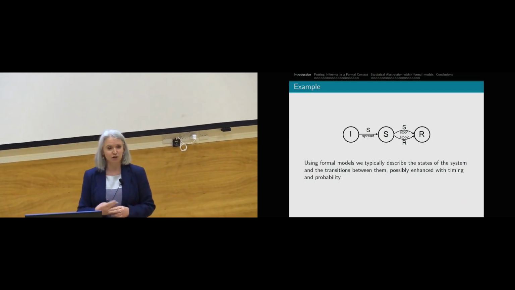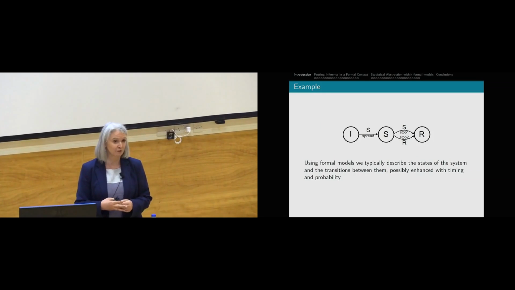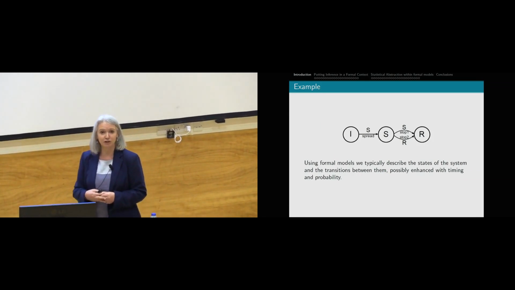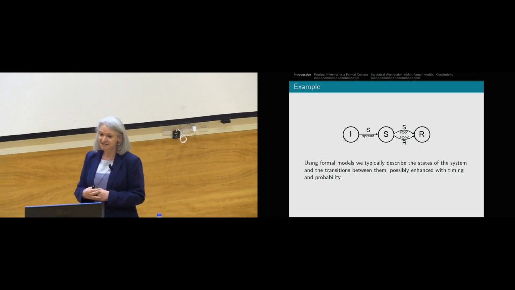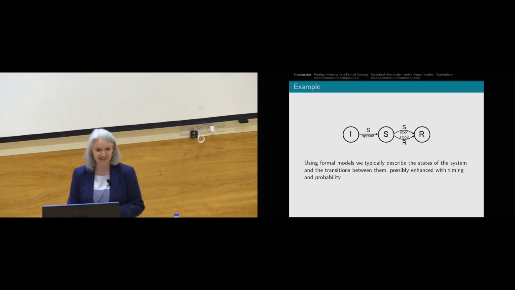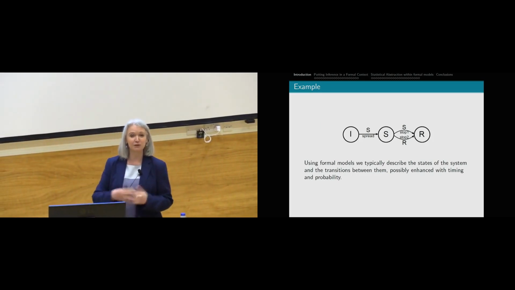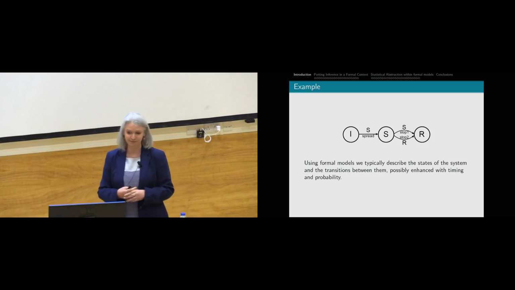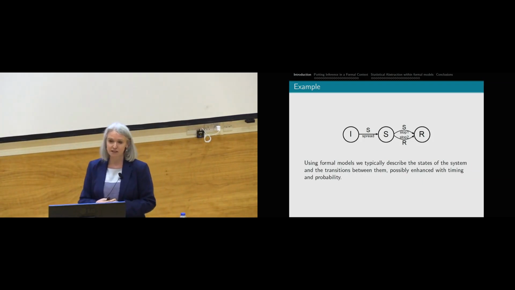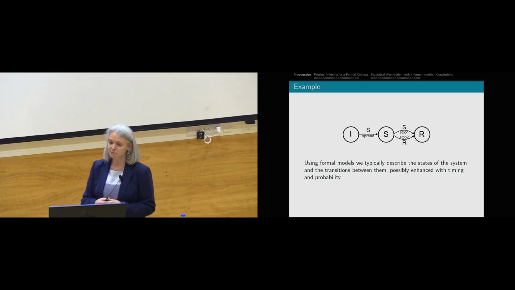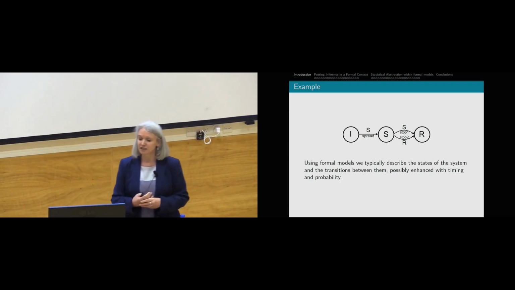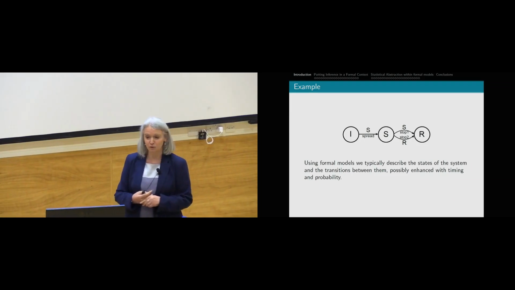So this is a model of gossip spreading. Okay, so we have some people who are, I like to say, innocent. My PhD student tends to call them ignorant. But we have some people who don't know the latest gossip. But if they meet someone who is a spreader, who has the gossip, they can interact through a spread action, and the innocent person will become a spreader as well.